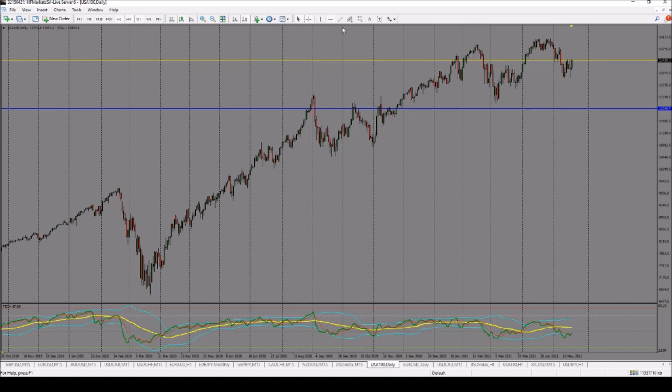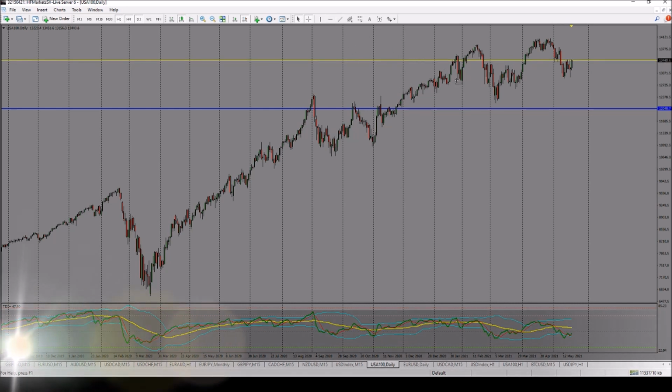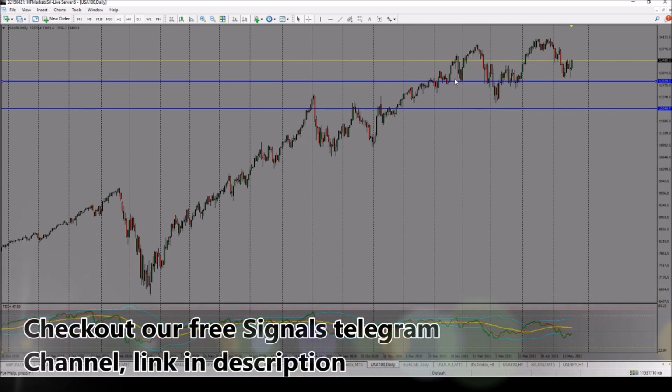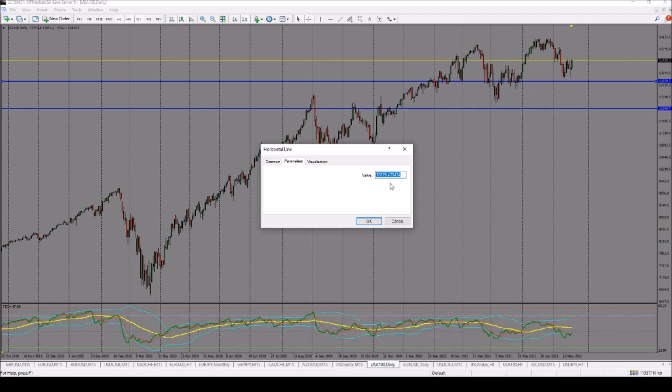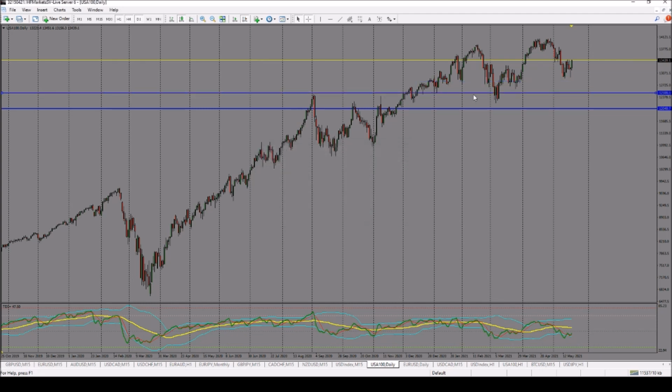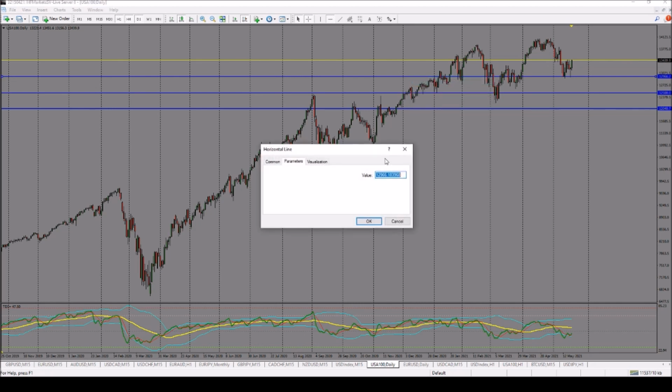From 12,000, we go to 12,500. We are now in the process of building the quarters. In this case, we are using these values because that's the scale of the instrument. If we increment again with another 500, we'll have 13,000.